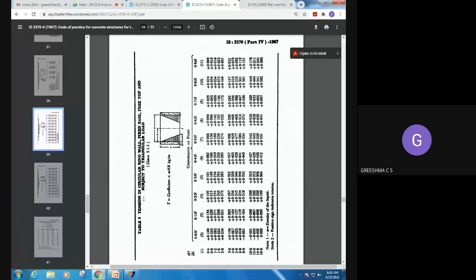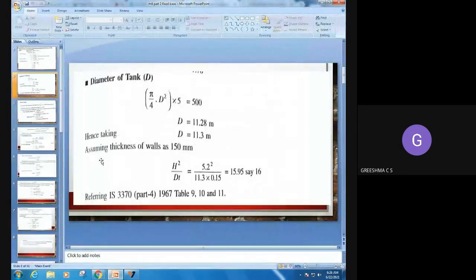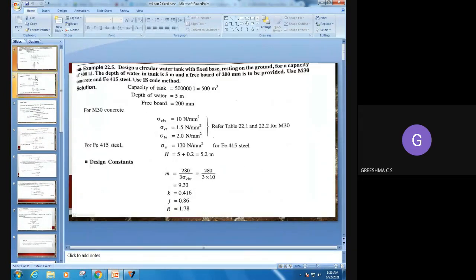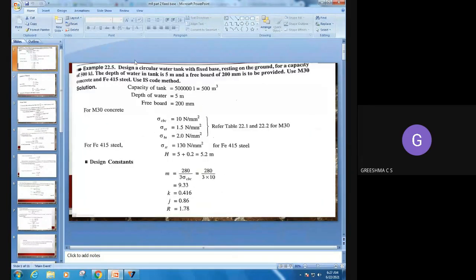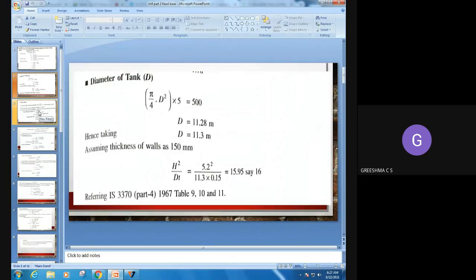Table 9 actually tells you about the tension in the circular ring water tank fixed at the base, free at the top, subjected to a triangular loading. Okay, so now we are studying about a circular water tank which is having a fixed base, that is resting on the ground. So ground resting and also having a fixed base.